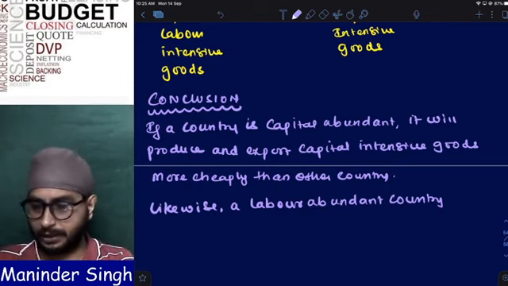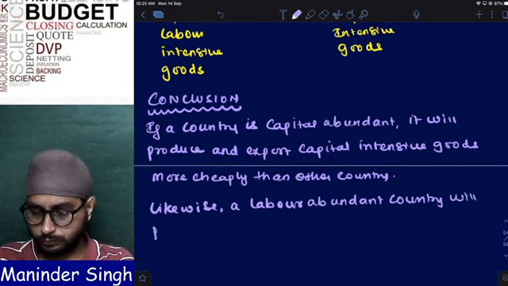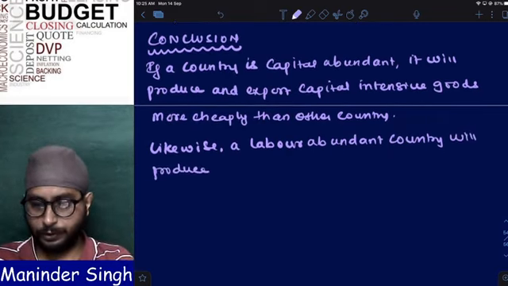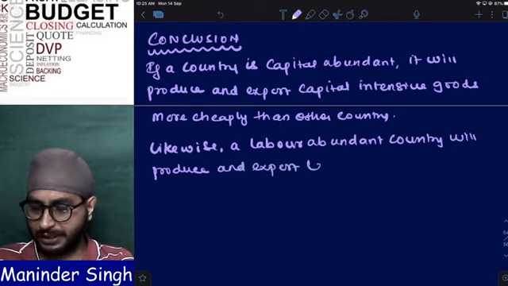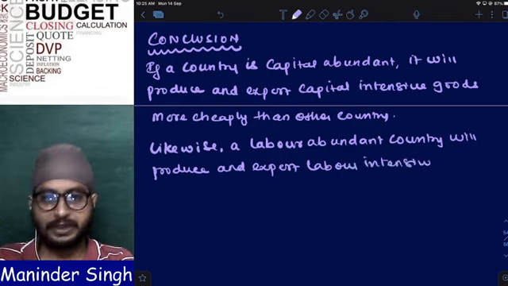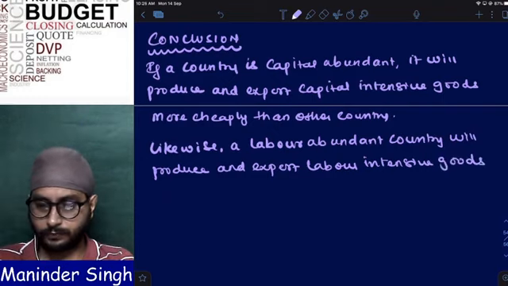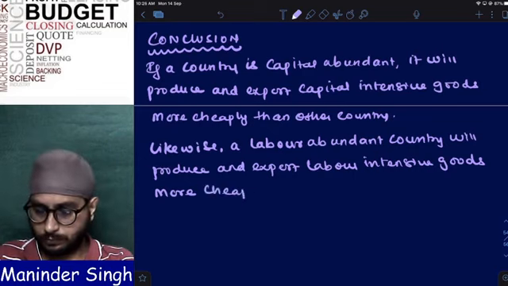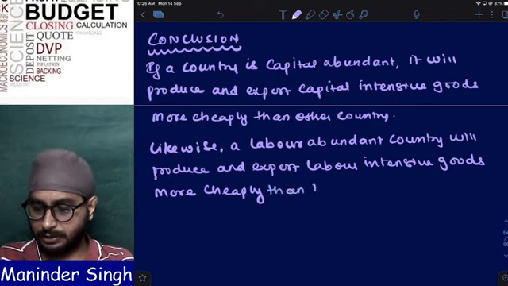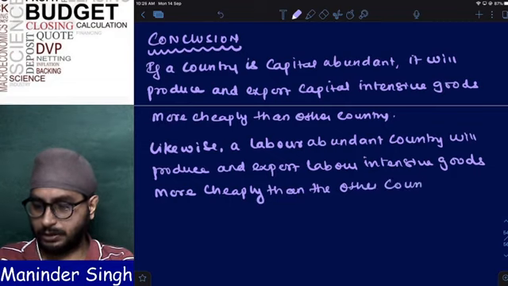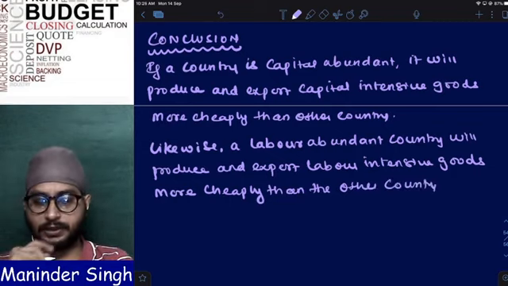A labor abundant country will produce and export labor intensive goods more cheaply than the other country. Is this correct or not? What I have written, is it correct or not?